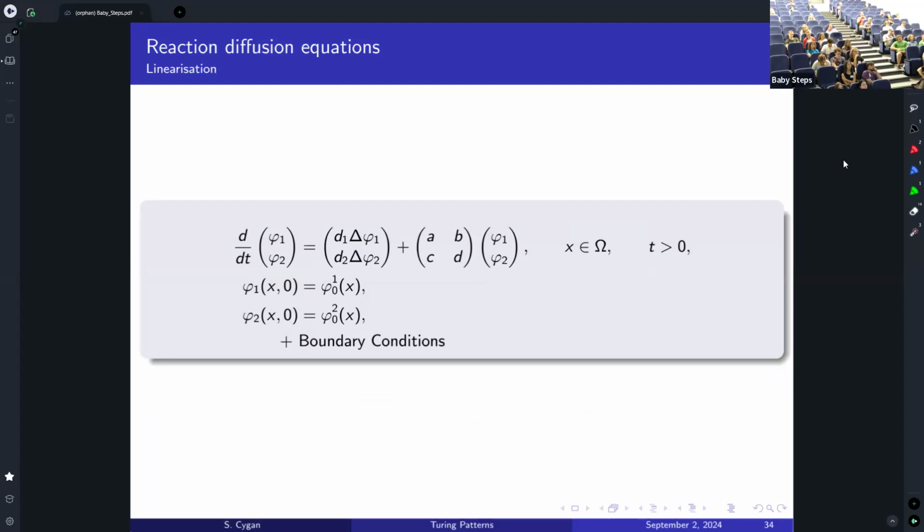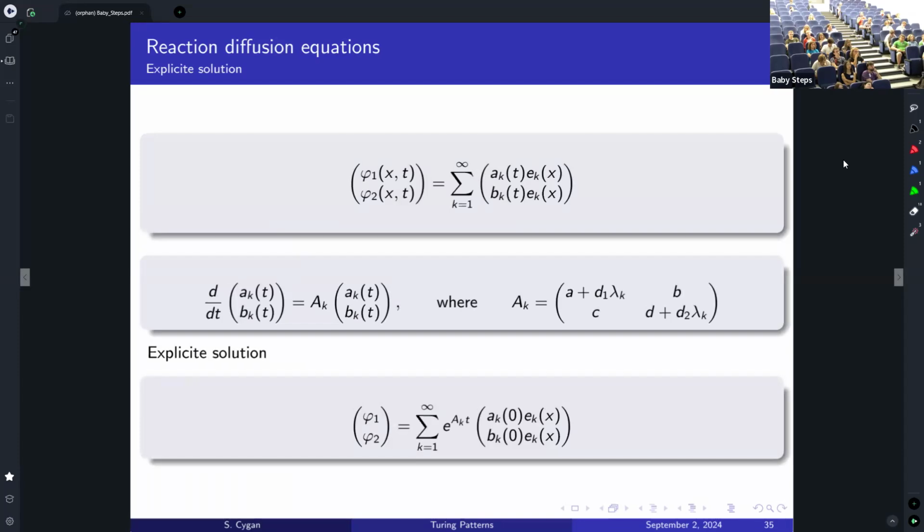So basically, using this representation by a set of eigenfunctions and eigenvalues, we can again express our solution in terms of the eigenfunctions using the coefficients a_k and b_k, and say that, using the property of these eigenbases, the coefficients a_k and b_k satisfy the following system of equations, where the time derivative of this vector is equal to the same vector multiplied by some matrix A_k.